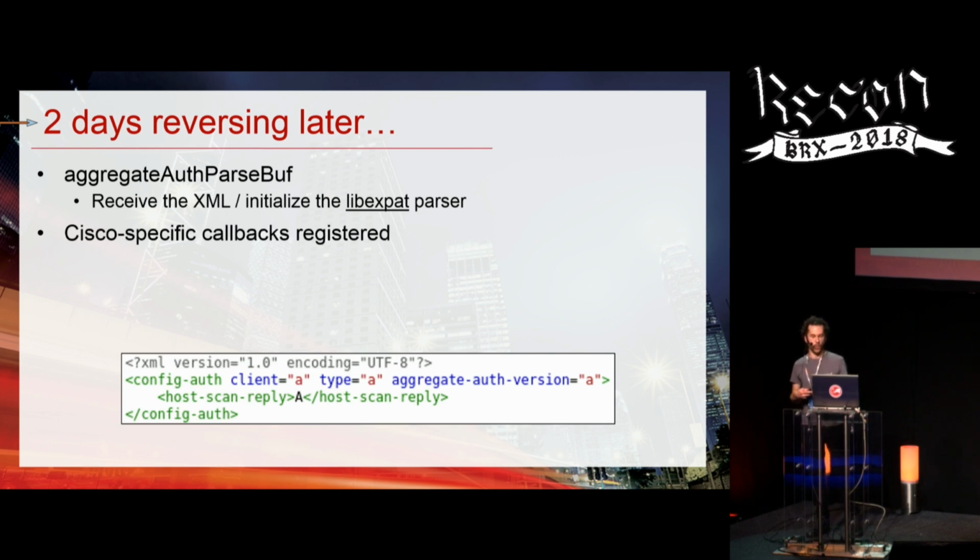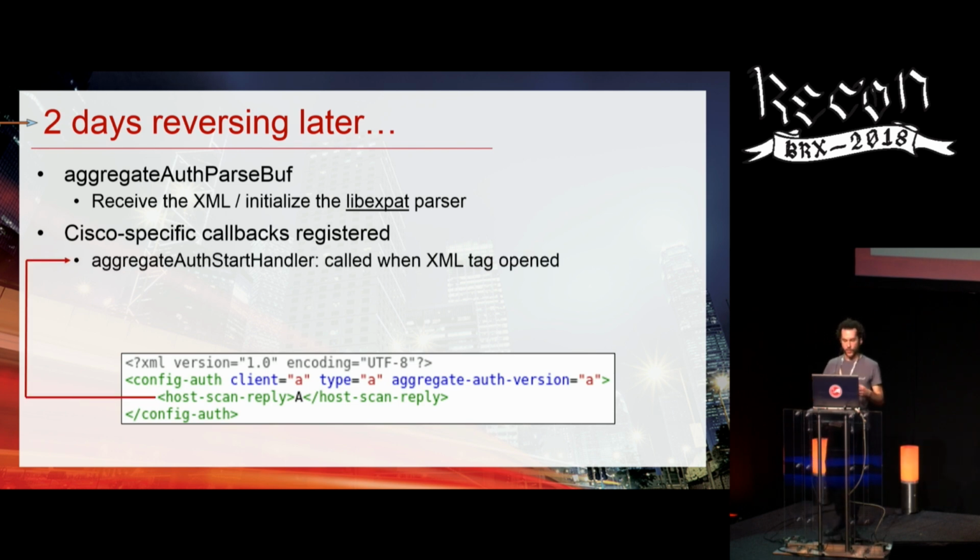And the way libexpat works is you can register certain callbacks with libexpat that are called each time certain things are parsed, when they are parsed. So for example, when an XML tag is opened, when it actually parses one XML tag, it will call a callback that you register.